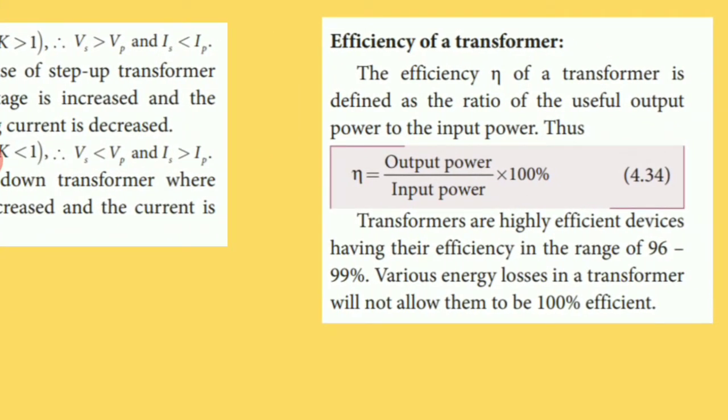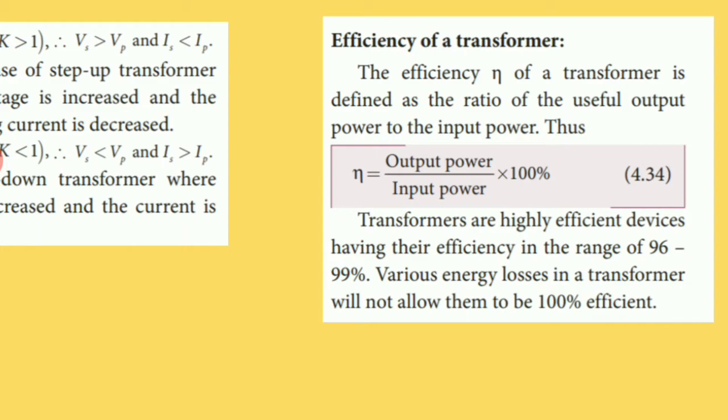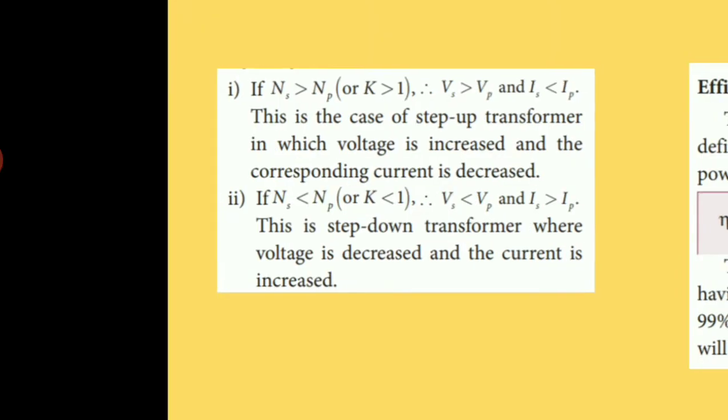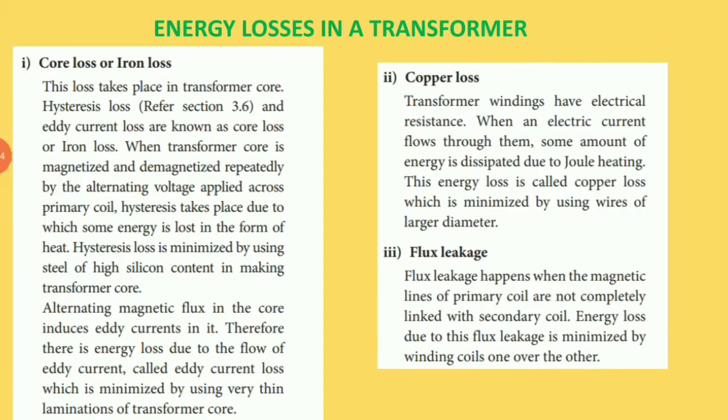Transformers are highly efficient devices, having efficiency in the range of 96% to 99%. Various energy losses in a transformer will not allow them to be 100% efficient.